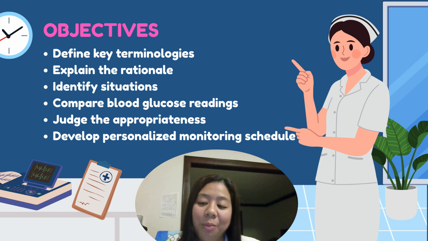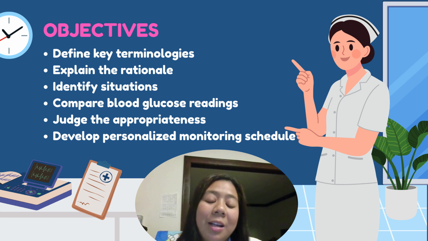Fourth is to compare blood glucose readings to the normal values and determine if a reading indicates a problem. Fifth is to judge the appropriateness of the blood glucose results based on the patient's medication, exercise, and diet, for example. And the last one would be to develop a personalized blood glucose monitoring schedule based on a sample patient case.